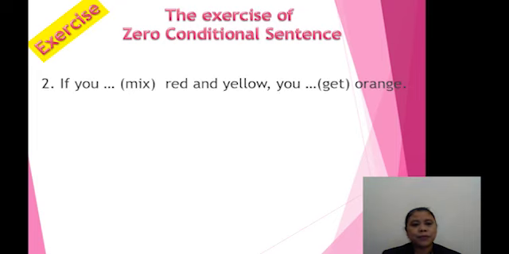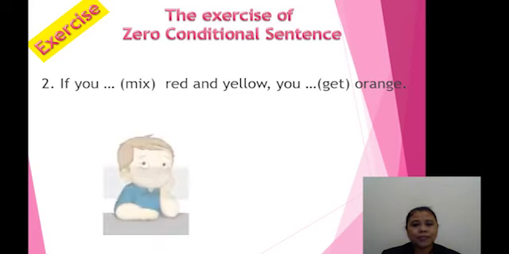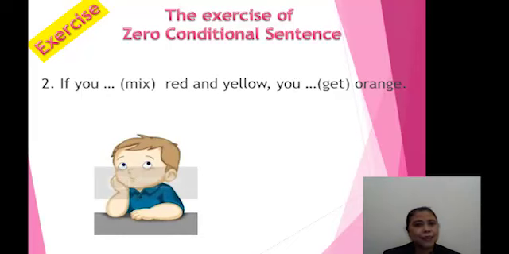Exercise number 2. If you mix red and yellow, you get orange. Okay, think about the answer. Have you got the answer? Okay, ready to discuss? Good.